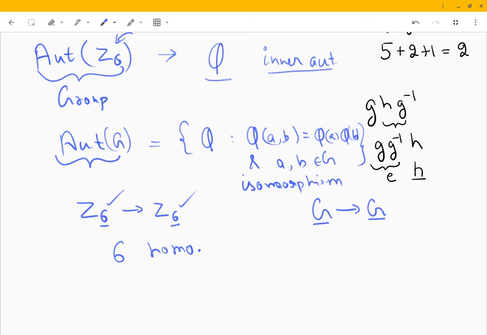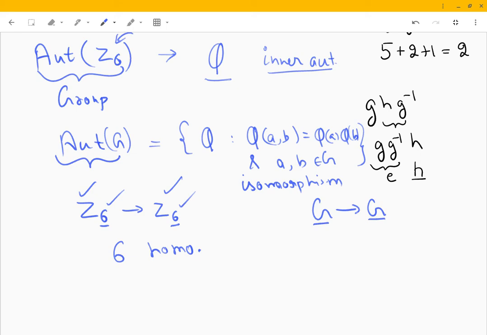For an isomorphism, each element should have a unique image, and it has to be a bijection, one-one and onto. So of course we have Z6 and Z6. The cardinality of both these is the same.